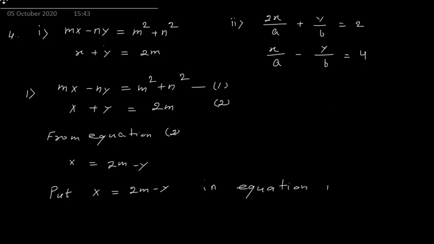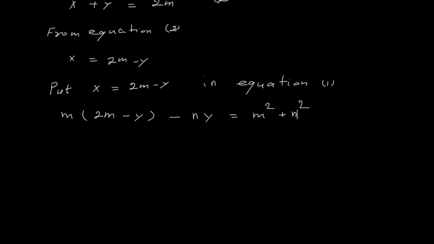So I will get m into, in place of x I have 2m minus y, minus ny is equal to m square plus n square.